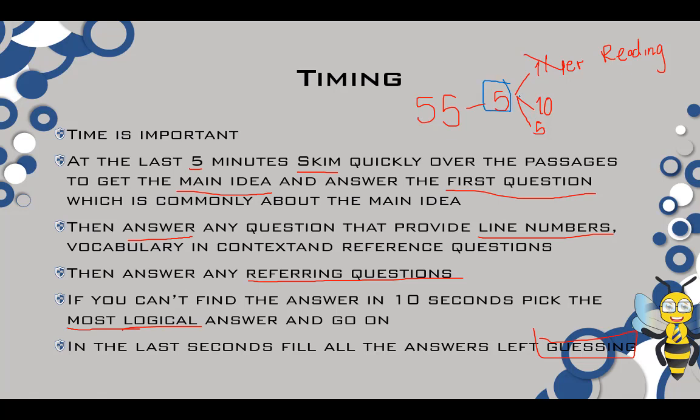These 5 lectures might have 10 questions each. It says 5 minutes, I'm sorry, per one. So it says, for example, that in the last 5 minutes, you should just skim quickly over the passages to get the main idea and answer the first questions, which are commonly about the main idea.